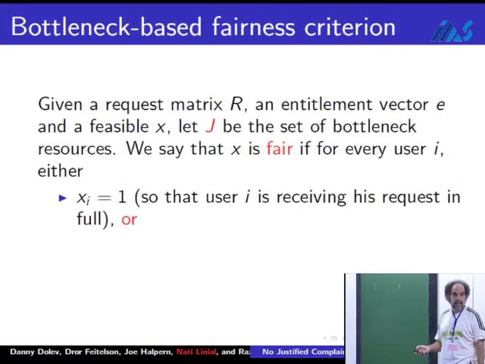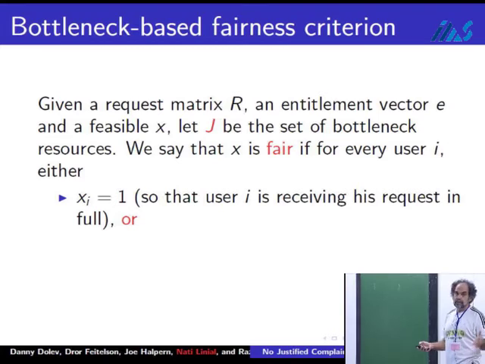And now we come to fairness. And this, I think, conceptually is the most subtle part of this talk. So X determines the resource allocation. When do we want to consider it fair?